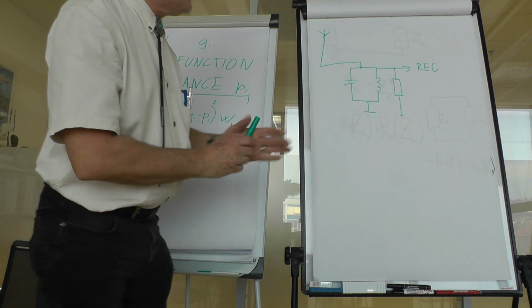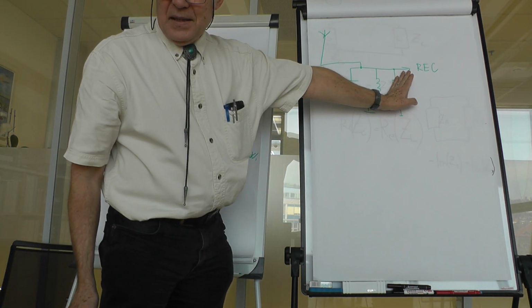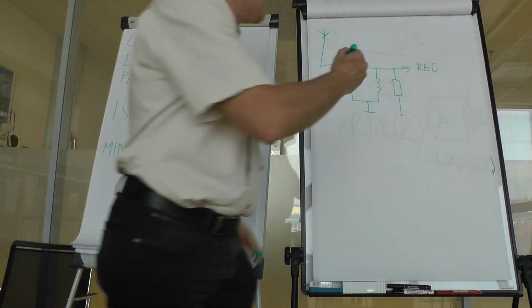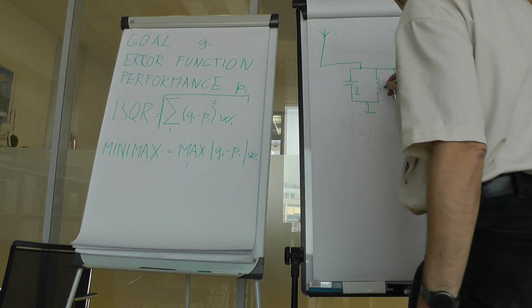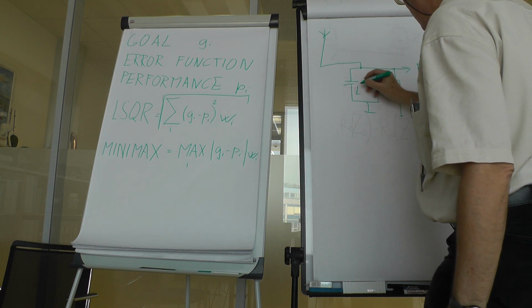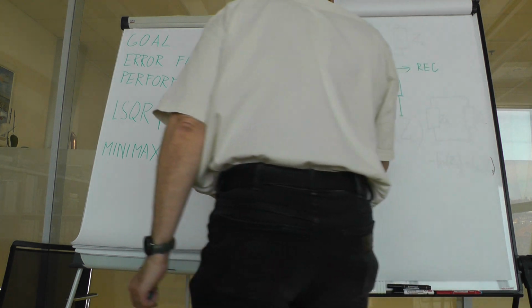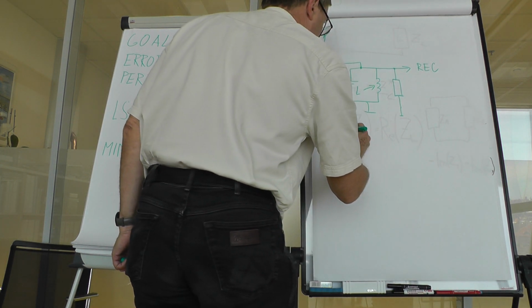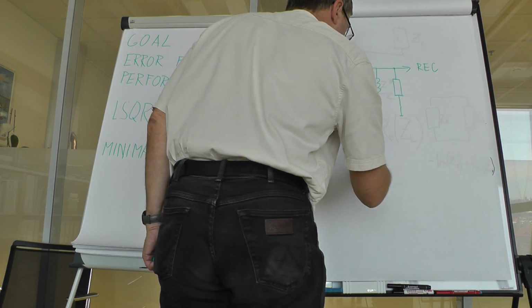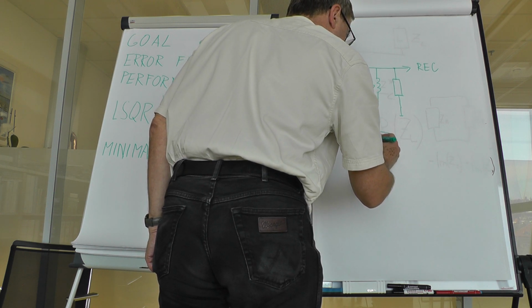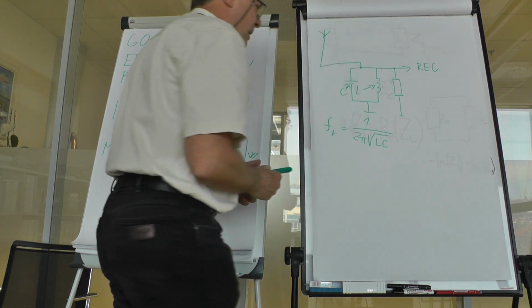So first, without this resistor, we know that the resonance frequency of such a circuit is given by Thomson's formula, which is that the resonance frequency would be 1 over 2 pi and a square root of the product LC.